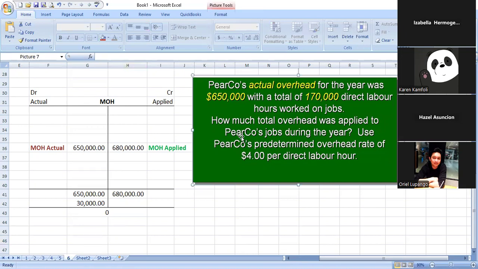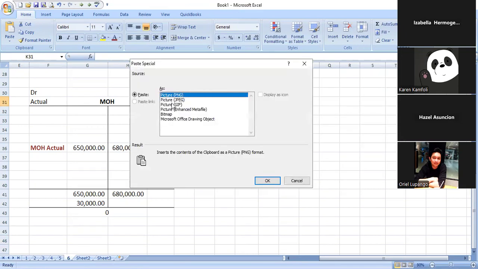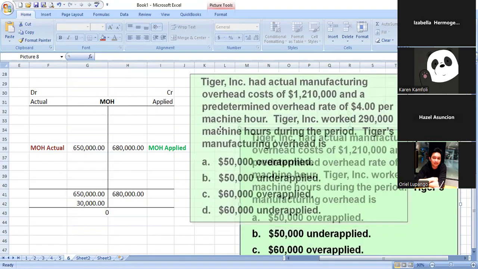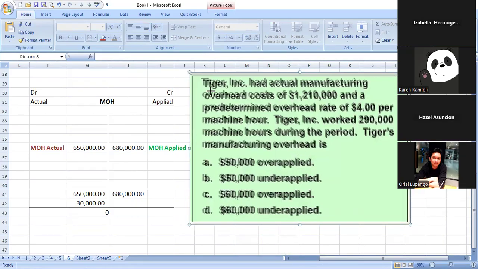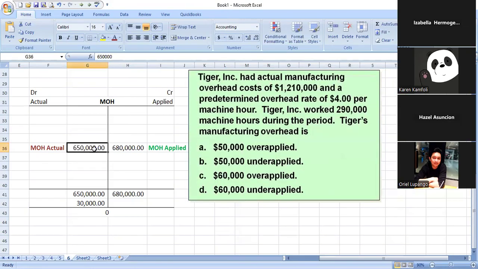So this one will disappear and the new one is going to come. Now this company, delete those.